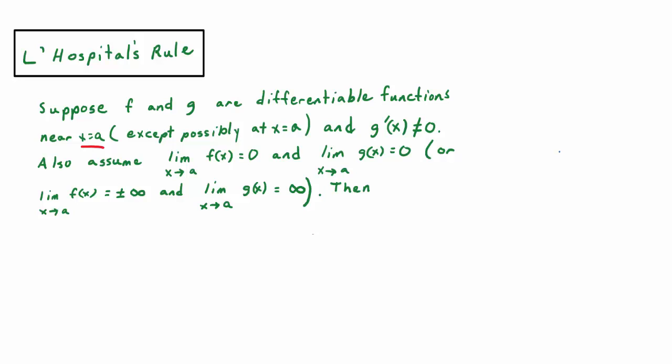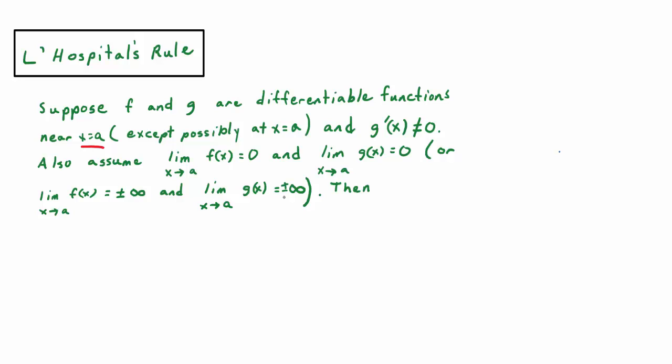Or an alternative is they could both approach plus or minus infinity. Now, they don't have to both approach plus infinity or both approach minus infinity. It could be either or.